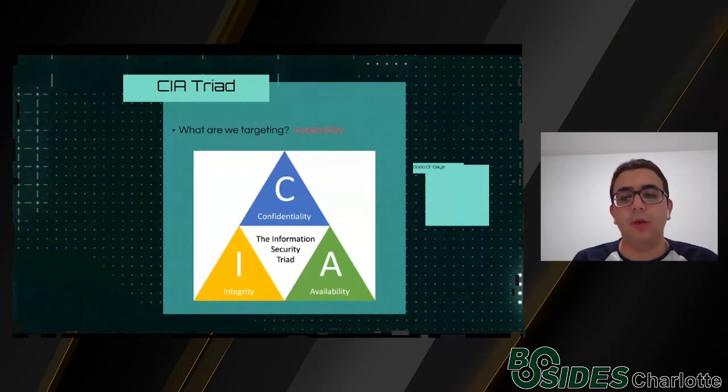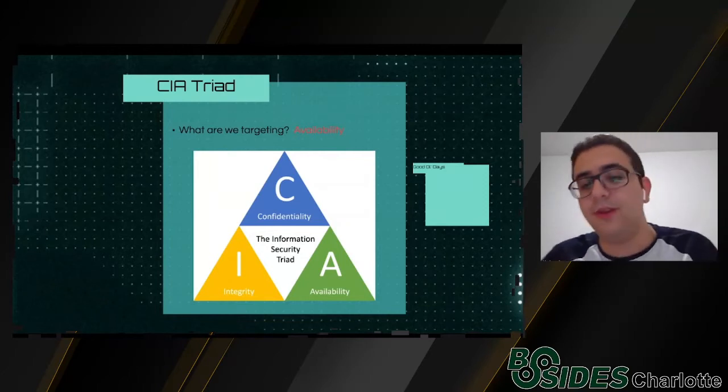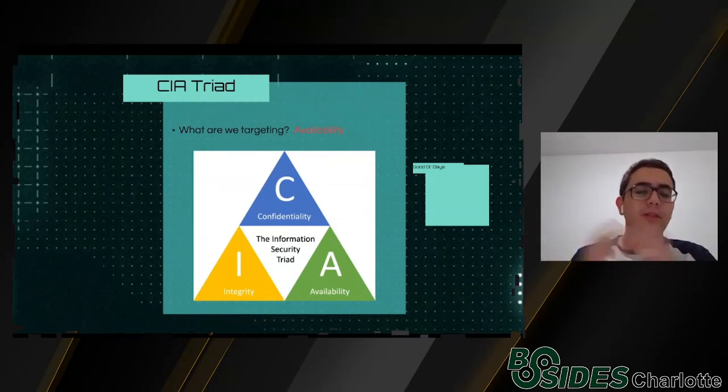The system is not available. Maybe the system is under attack or it is in maintenance mode, but it's not available. And a system that's not available is a system that's not useful. Even if it is the most confidential and the best integral website that ever existed, if you can't use it, it's no use at all.